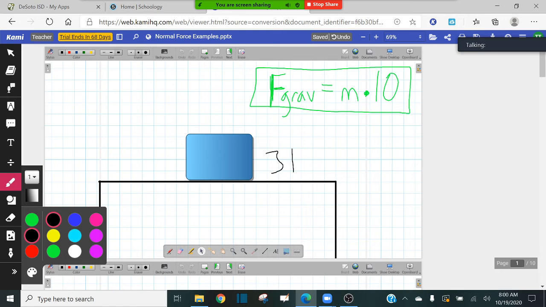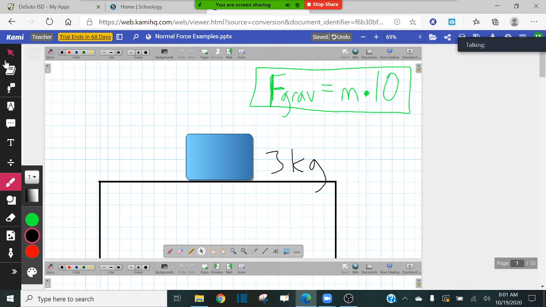So 3 kilograms is the mass of the block. So there are two forces acting on my block.